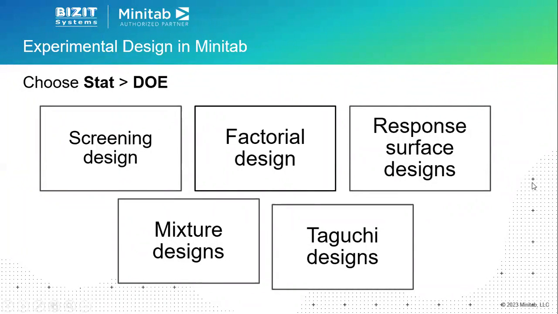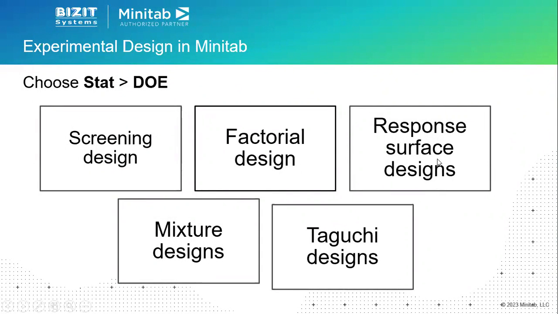After we identify those, maybe we go for the factorial design. Why is it important, and why do most researchers use the factorial design? Because in the factorial design they study the effects themselves, and then they study the interactions themselves. And then of course we have something like advanced designs.